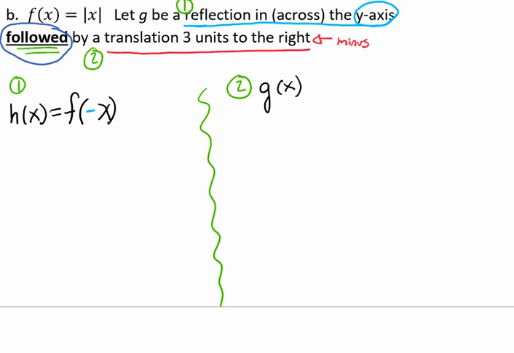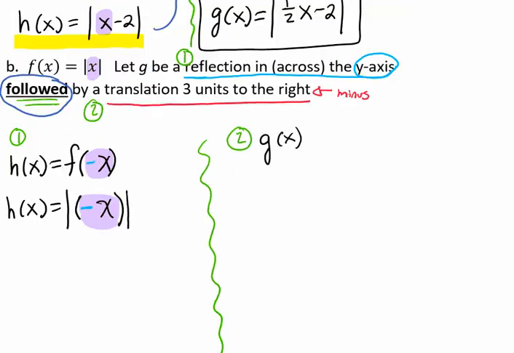So that means that we're going to be plugging in this negative x into the x spot in our original equation, which means that our h of x is going to equal the absolute value of, and remember, in our x's spot, we're plugging in our negative x. And we see that there's nothing to distribute or combine, and so our h of x is just the absolute value of negative x.